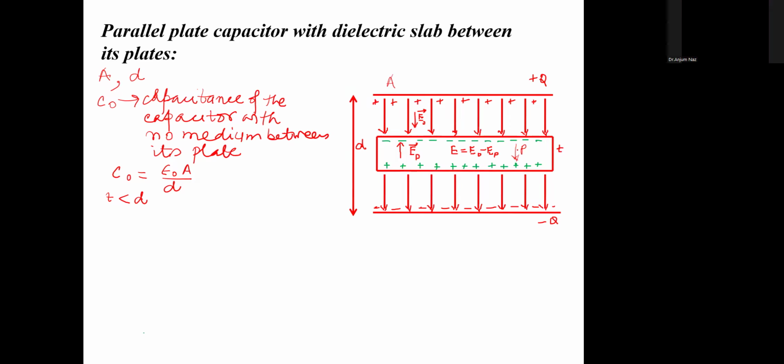So these induced charges set up an electric field EP whose direction is opposite to, from positive to negative charge, that is whose direction is opposite to that of E naught. So in this way, the field inside the dielectric gets modified. The net field inside the dielectric is E naught minus EP.